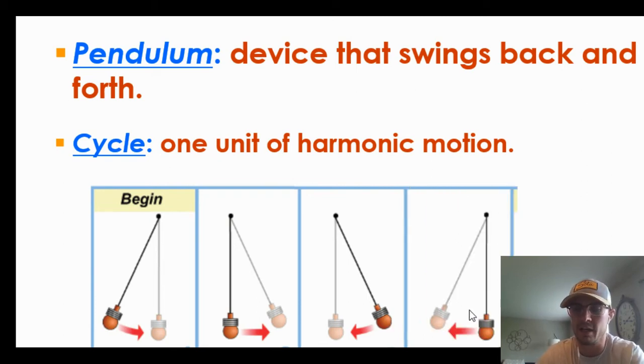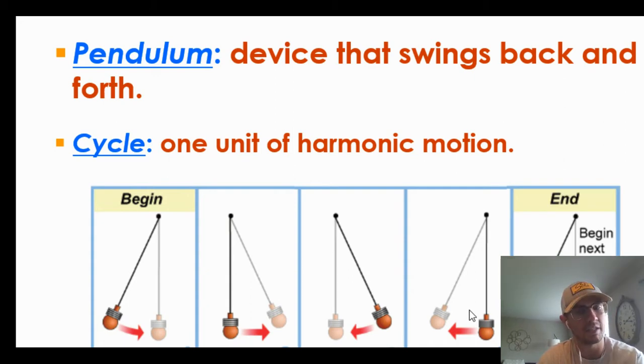So it starts going back down and up top. Once it gets back there, now that motion starts to repeat itself. Notice how the motion on this ending slide is basically the same picture as over here, just with begin next cycle, right? That would be the motion that repeats itself. So that would be one cycle, okay? One unit of that harmonic motion.